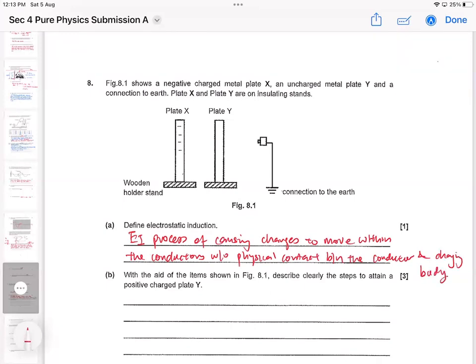The charging body is also known as the charged particle that will cause the particles to move in a certain way. So something like our usual positive charge sphere or negative charge sphere or positive rod, that kind of thing.